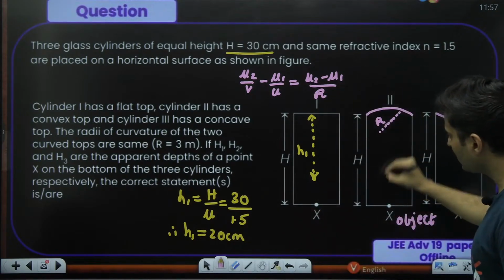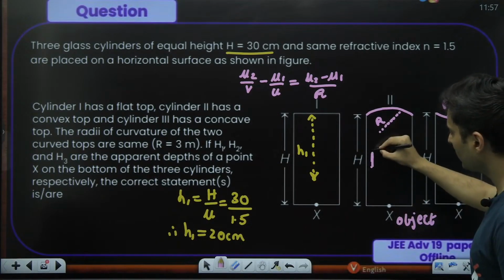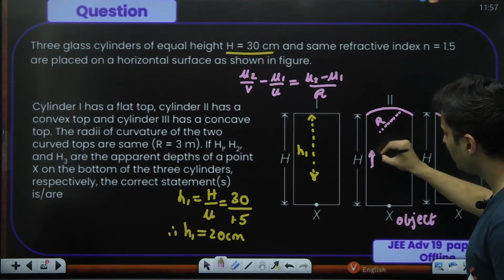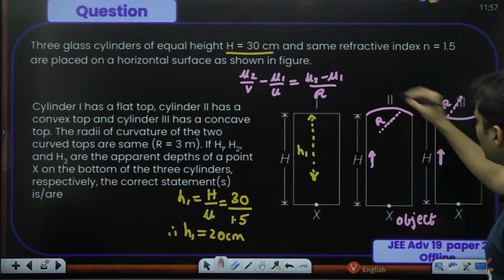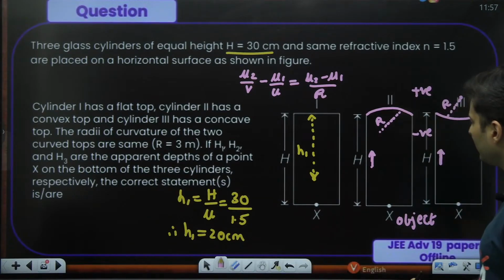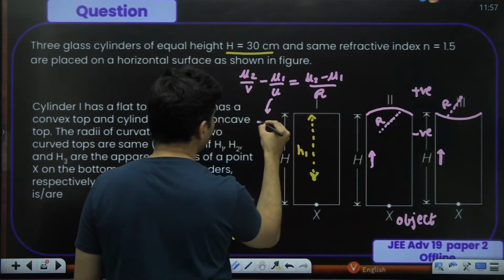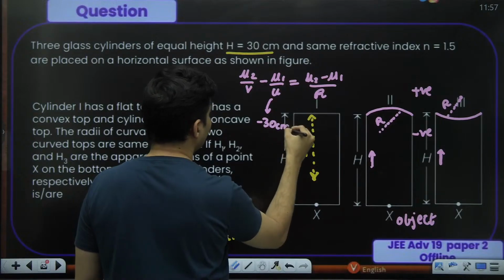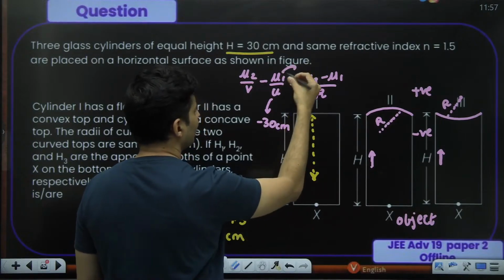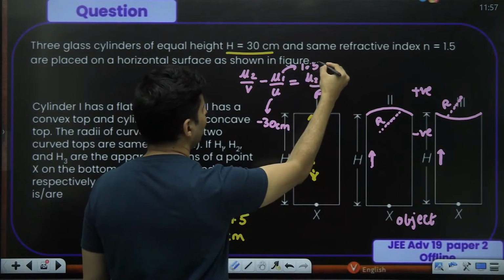See, X is the object, so light is going from here to here. This will be the positive side. This will be the negative side. In both the cases, the object distance will be negative 30 centimeters. The refractive index will be of the glass, which is 1.5.